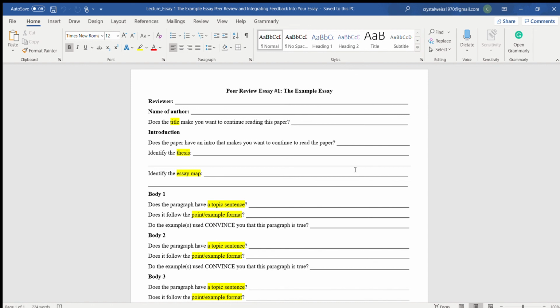Now, that being said, say your peer reviewer gives you some advice and you feel like it's bad advice. You do ultimately still have the choice of rejecting advice, whether it's mine or the peer reviewer's. If you feel that it's bad advice or it doesn't fit in with what you think you need to be doing, you do ultimately have the right to reject it. But be careful, think logically. If you really do feel that it's not appropriate for your paper, then you do have the right to say, you know, I don't think they're getting the full grip on what I'm trying to say.